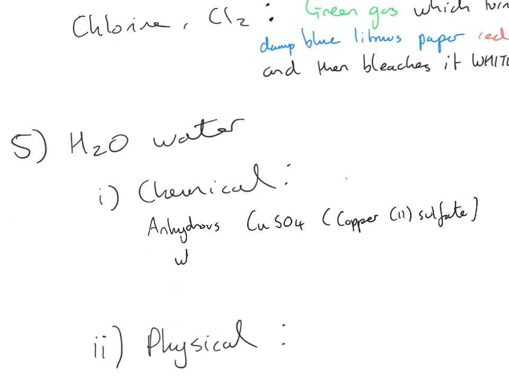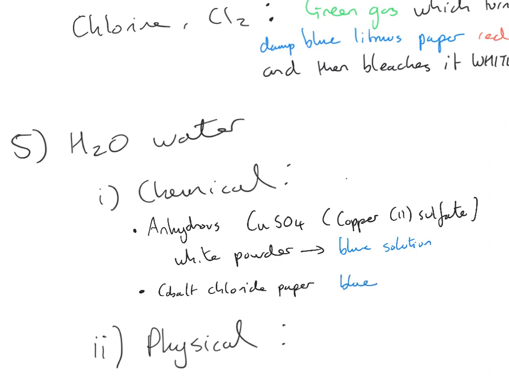And that goes from a white powder to a blue solution. That's actually one way of doing it. There's a second way of doing it, which is using cobalt chloride paper. And that goes, in the presence of water, from blue to pink. So it goes from blue to pink.